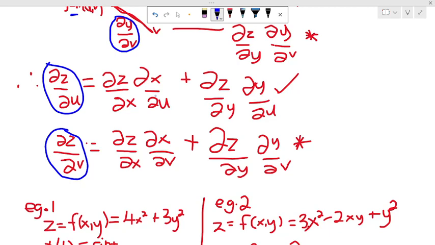But you need to take note that in the first expression you have ∂z/∂u, so therefore you are going to substitute the function for x and y inside, and with the second one too, you are also going to substitute the function for x and y also inside.